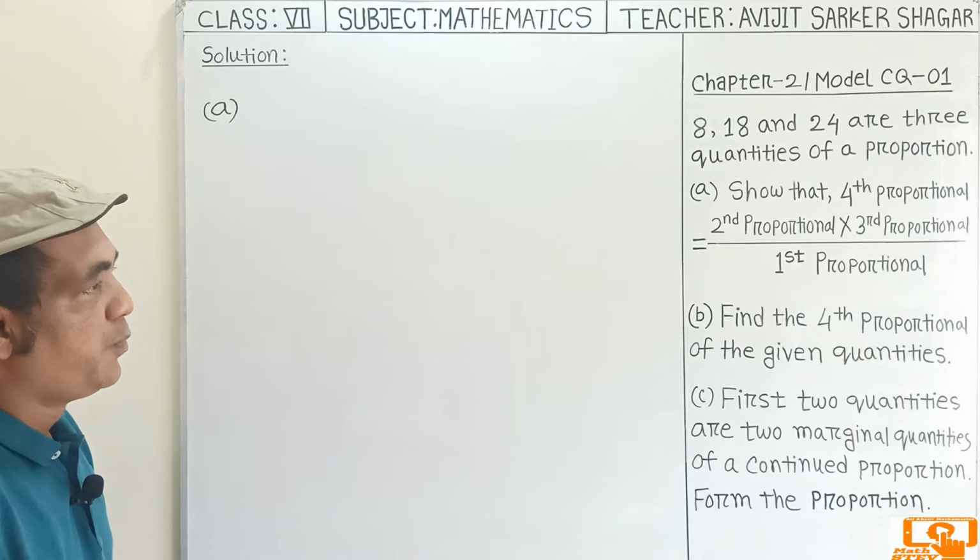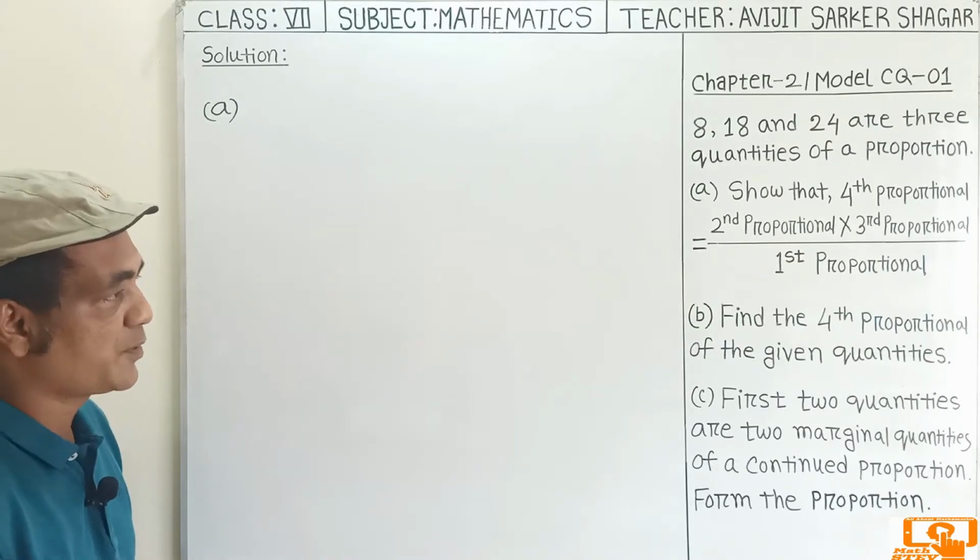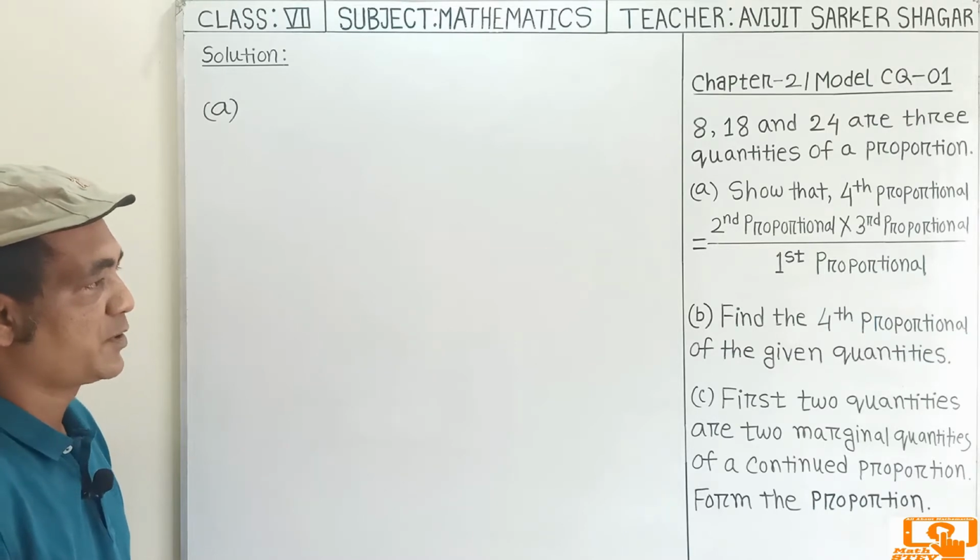Show that fourth proportional equals second proportional multiplied by third proportional divided by first proportional.